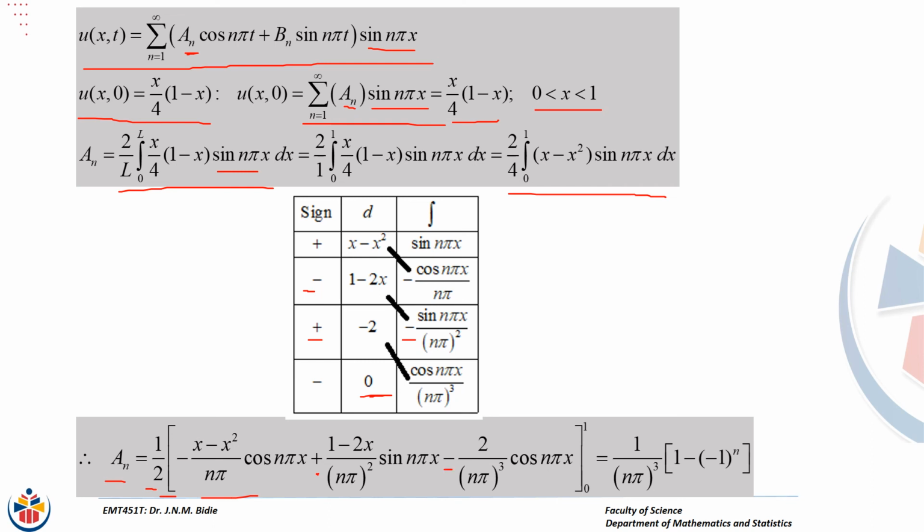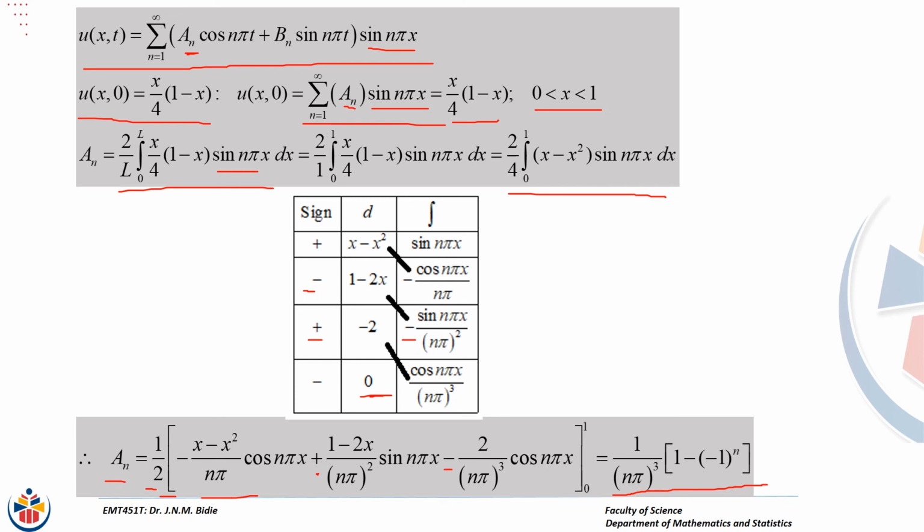And then we simplify. What do we know? We have the limits of integration, 0 and 1. Substituting the upper limit minus the substitution of the lower limit. Please confirm that you will get that answer.